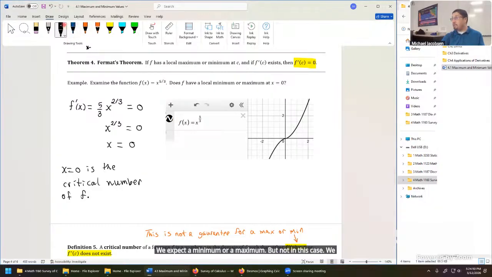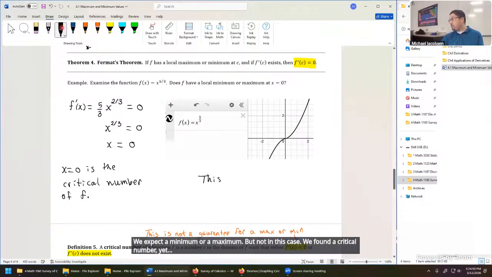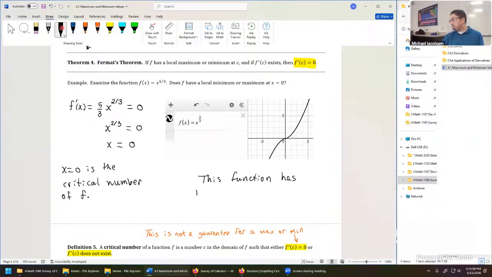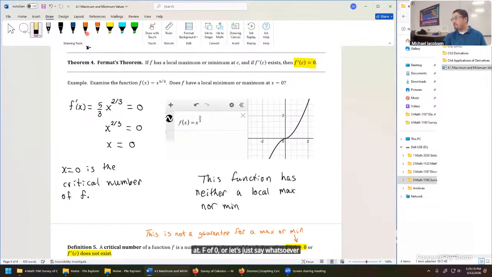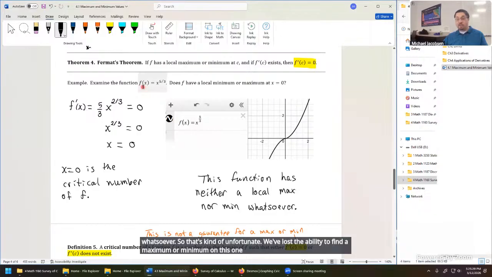We found a critical number, yet this function has neither a local max nor min at f of 0, or let's just say whatsoever. It's probably the best way to say it. Whatsoever. So that's kind of unfortunate. We've lost the ability to find a maximum or minimum on this one because it never had one to start.